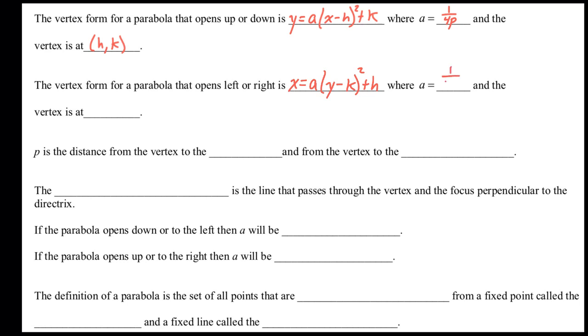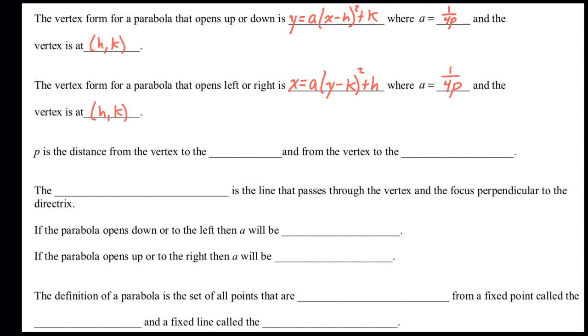A is still 1 over 4p, and the vertex is still at (h, k). However, your h and k have switched places. So keep that in mind when you are writing down what your vertex is.